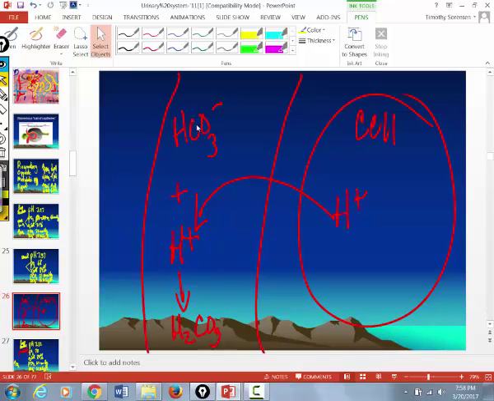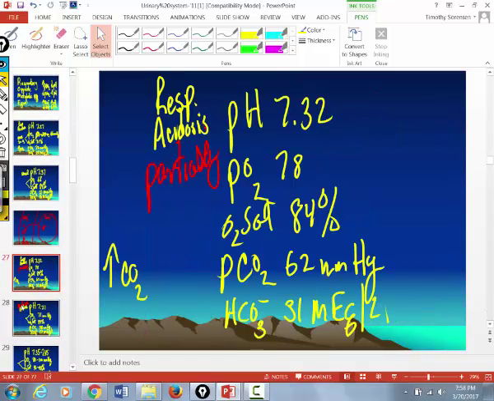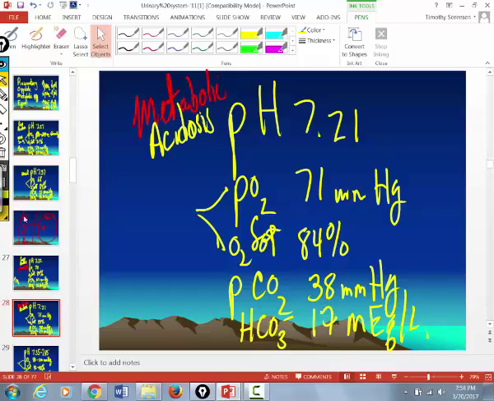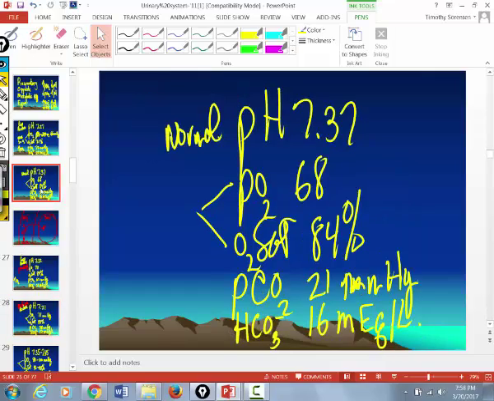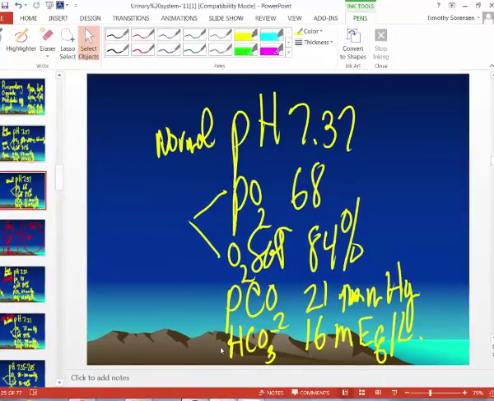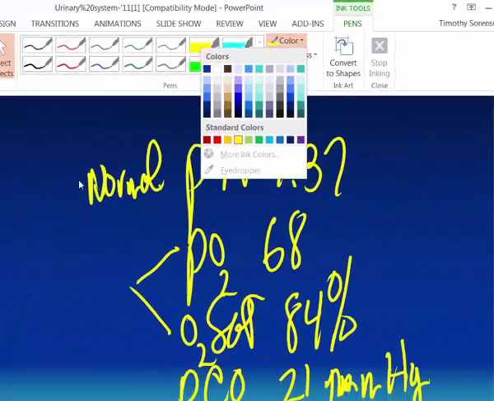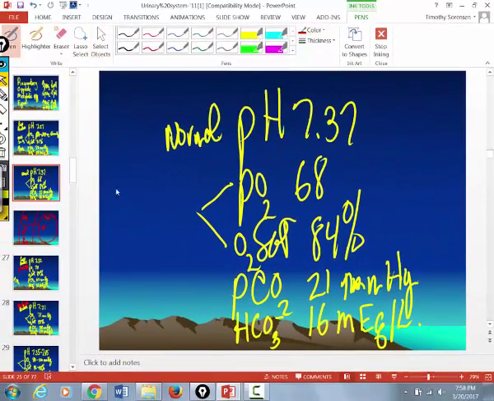The bicarbonate that's circulating is going to grab those excess hydrogen ions, lock them up in carbonic acid, and they'll break down to CO2 and water. Are you with me? So, in this case, where the heck is it? Oh, I lost it. Ah, there it is. What you're looking at is a metabolic acidosis.